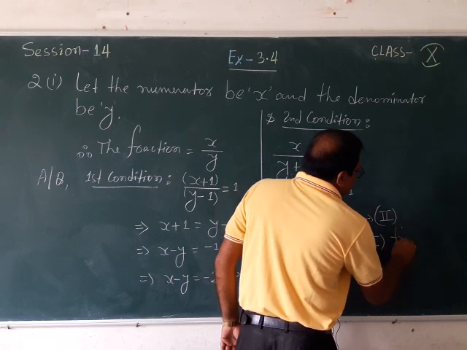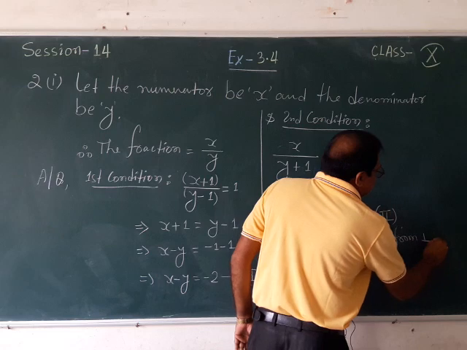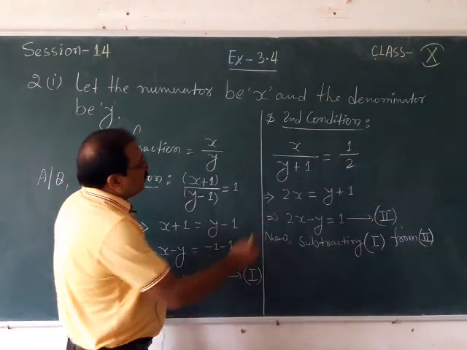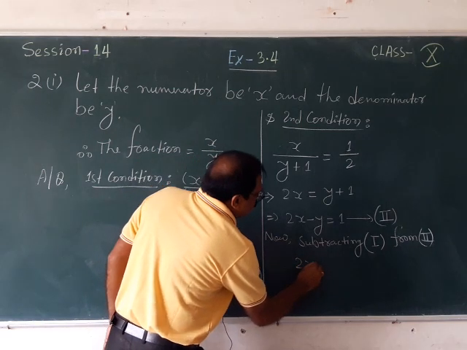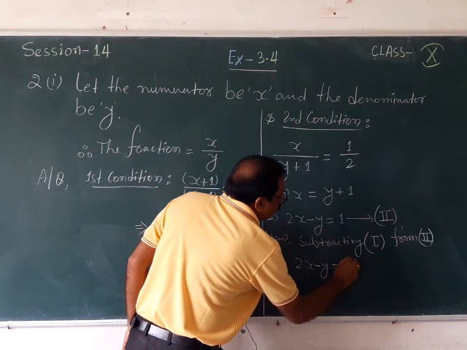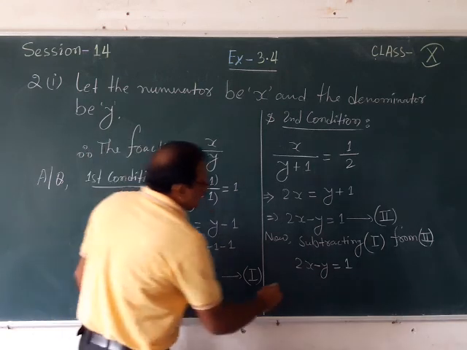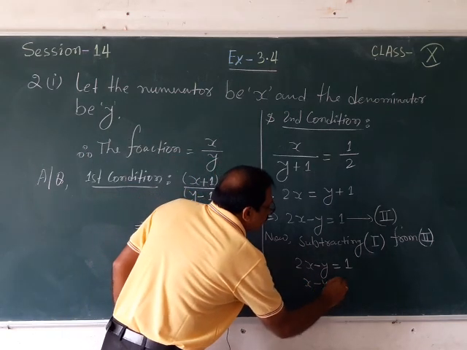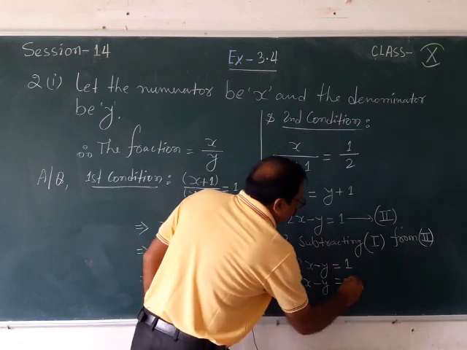Now the second equation I am going to write here, 2x minus y equal to 1, and here the first equation is x minus y equal to minus 2.